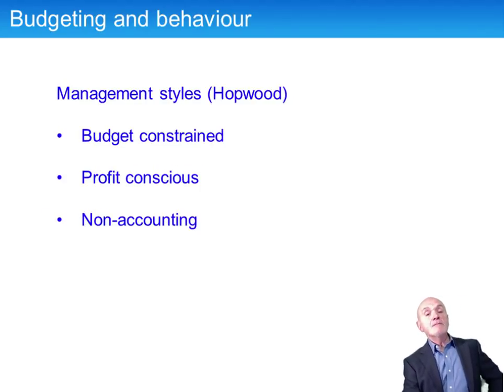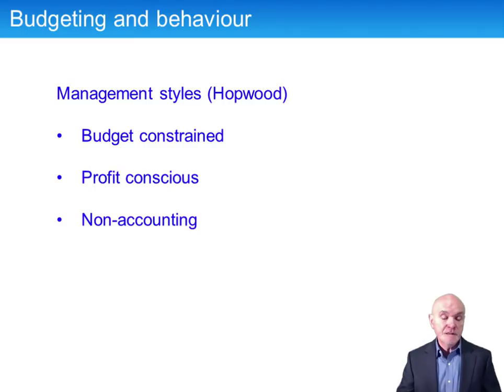Budgeting and behaviour. We touched on that, too slack a budget, too hard a budget, and so on. But Hopwood came up with 3 management styles in which managers use budgets. And first of all, you have what's called the budget constrained style.